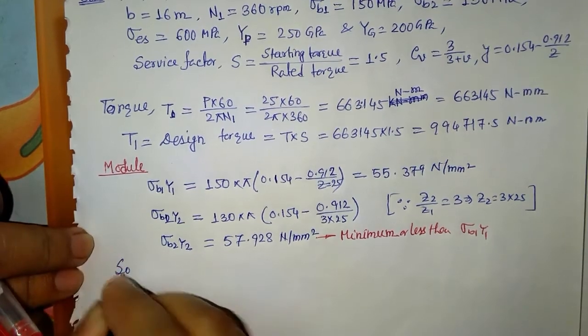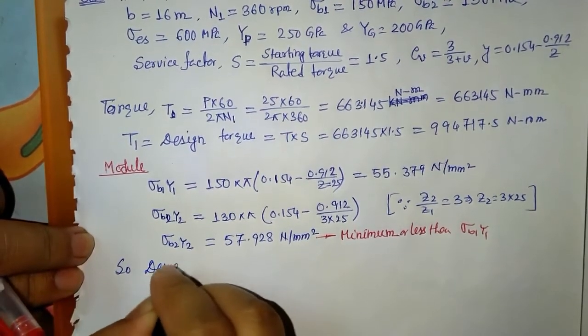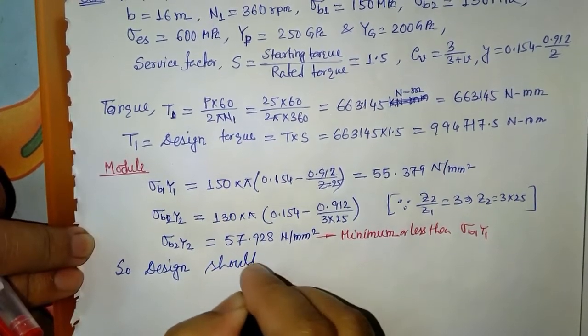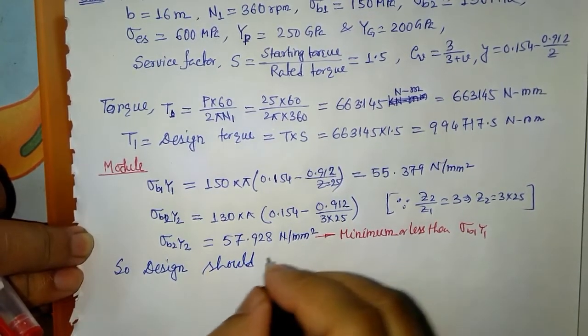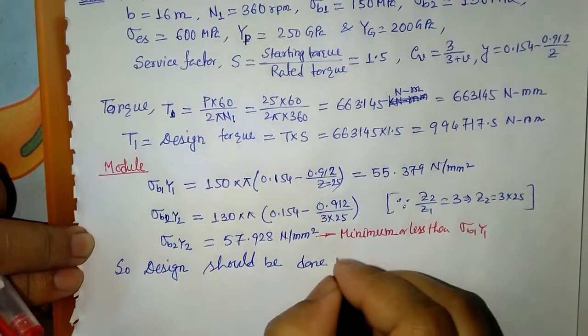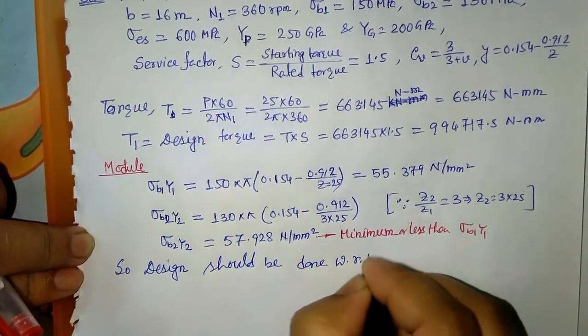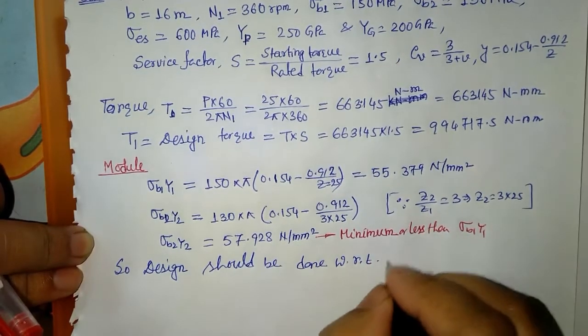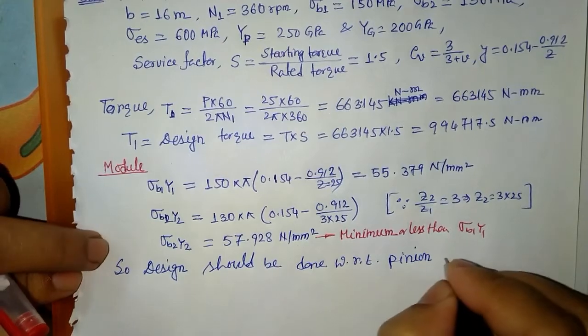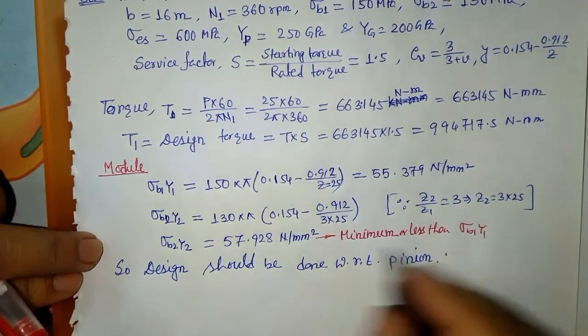So the design should be done with respect to the pinion, because the pinion is the weaker.